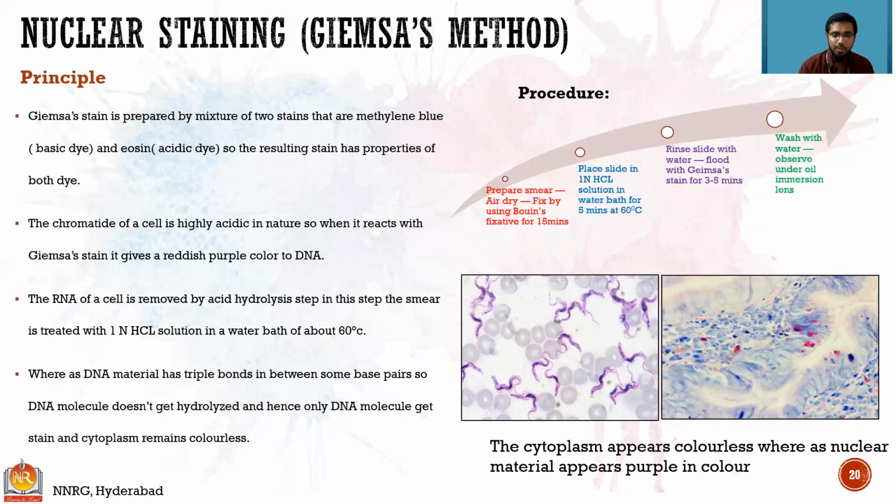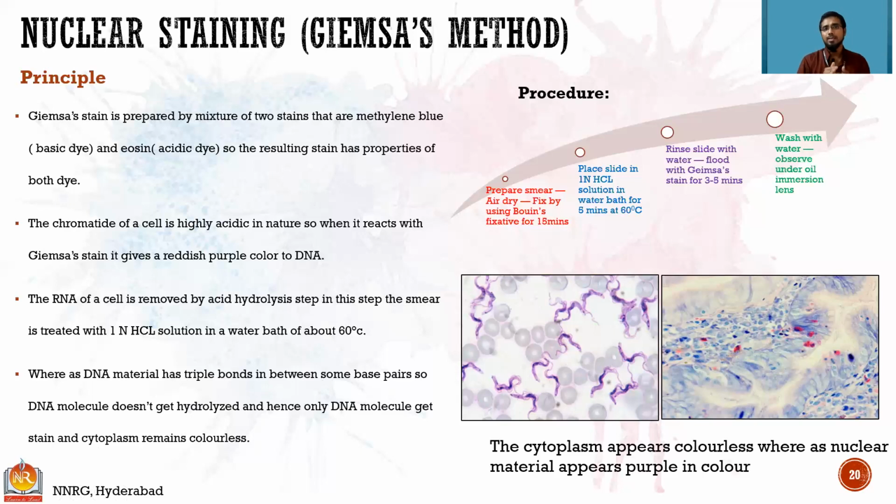And during this process we need to provide heat, that is by boiling in a water bath at 60 degrees centigrade. Whereas DNA material has triple bonds in between some base pairs, so the DNA molecule doesn't get hydrolyzed, and hence only the DNA molecule stains and the cytoplasm remains colorless. What it means is RNA undergoes hydrolysis.